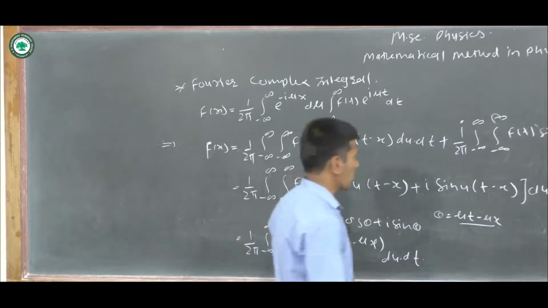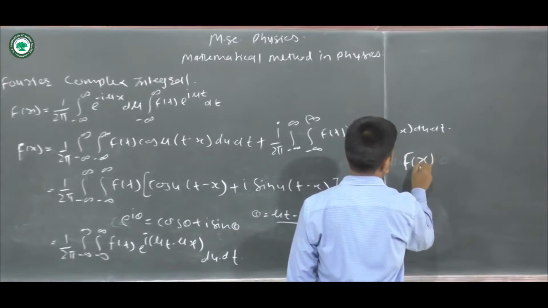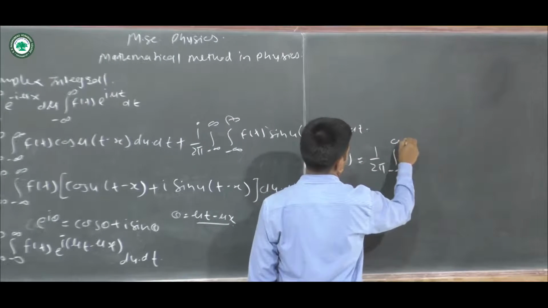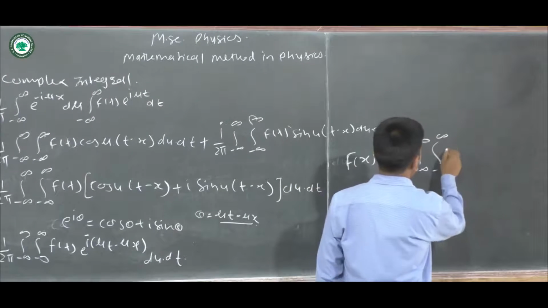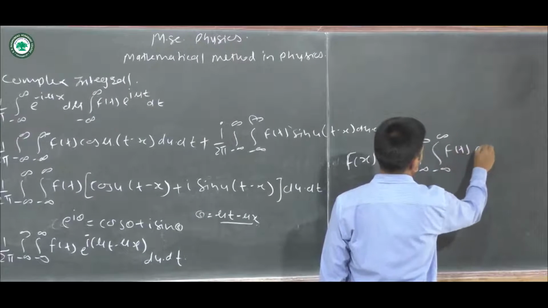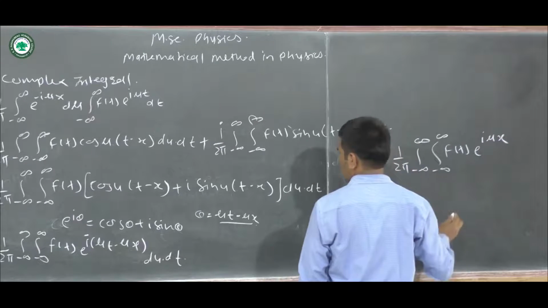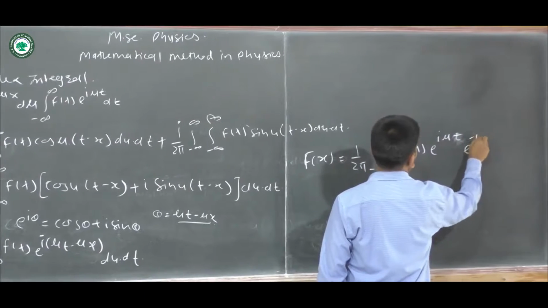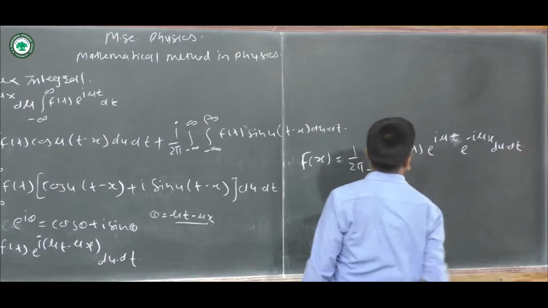This exponential we can write as f(x) = 1/(2π) ∫ from −∞ to +∞, double integration f(t) e^(iut) and e^(−iux) du dt.